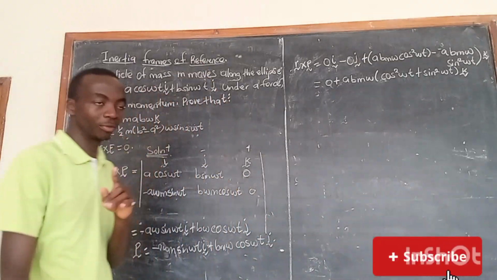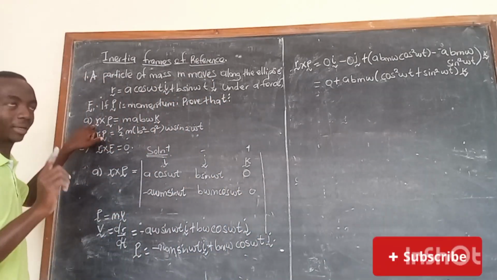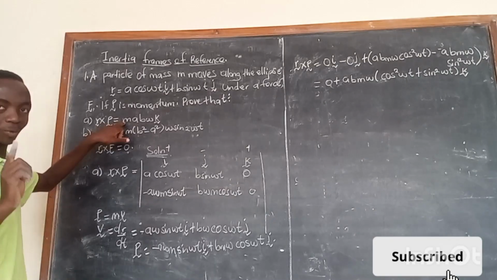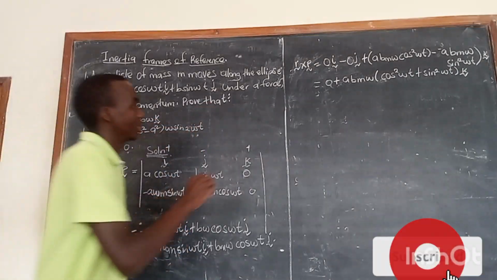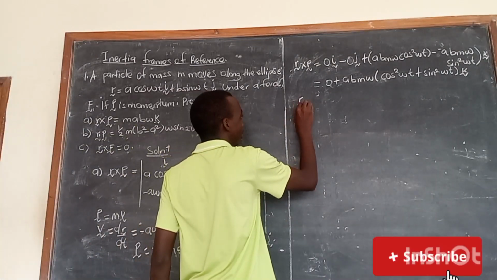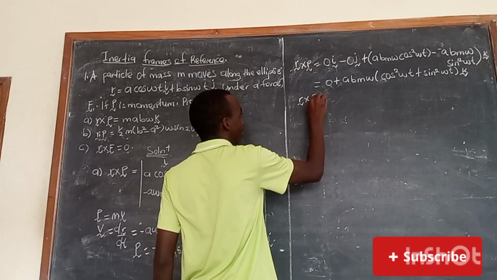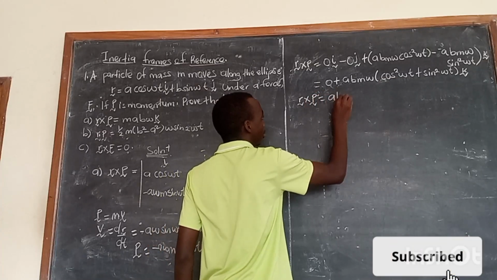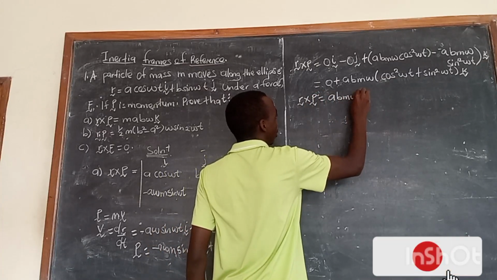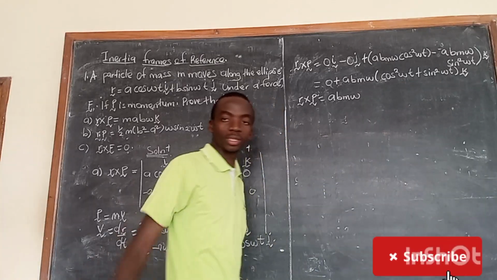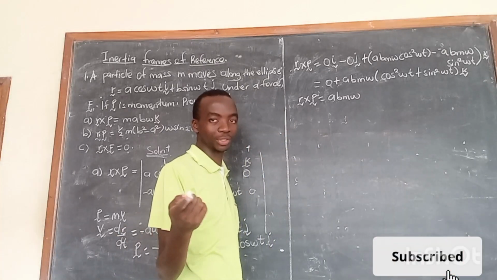Remember what we have looked at: as you're proving, you keep checking whether what you have is what is required. So our final answer, this one is 1 from our trigonometric identities.